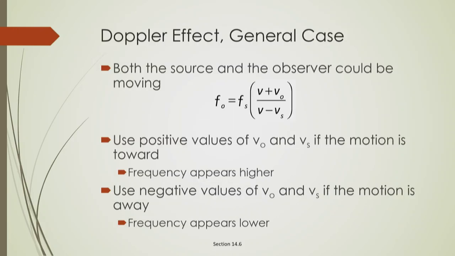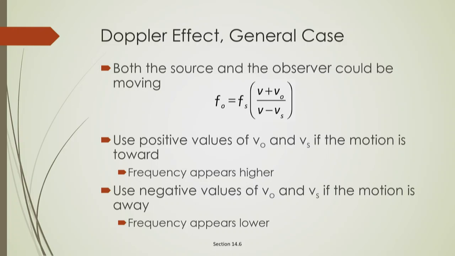And that's the general equation that has both the source and the observer. You may have to play with it a couple of times. And yes, there will be a Doppler effect equation on the exam. So you know you're going to have at least 2 decibel equations.